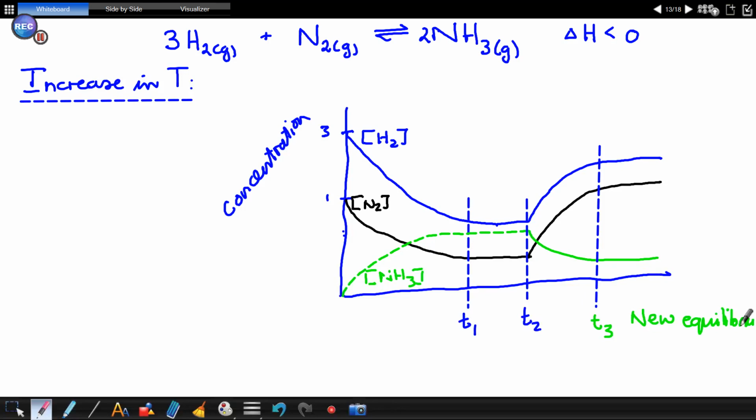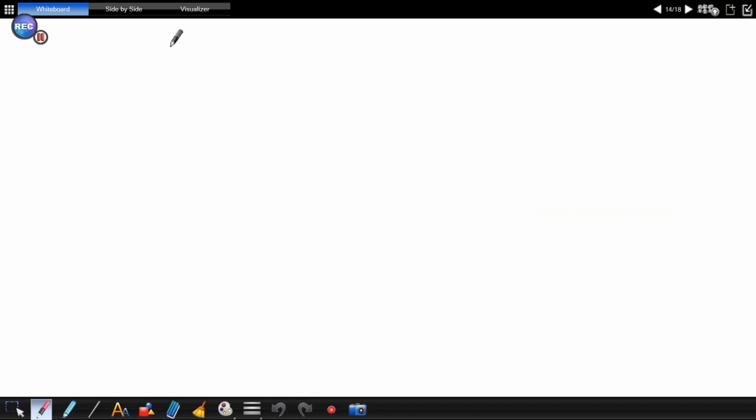If the forward reaction was endothermic, right? No, we're not working with that. I'm just making a scenario. Then you have to swap around the equation. Then you have to write this equation from the point of NH3 going to N2 and 3H2.